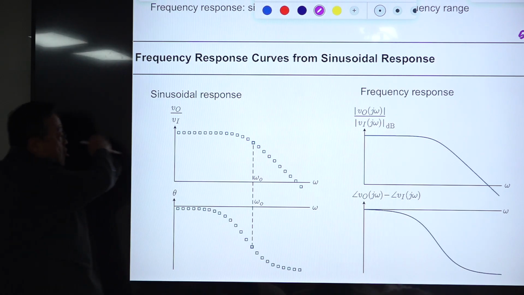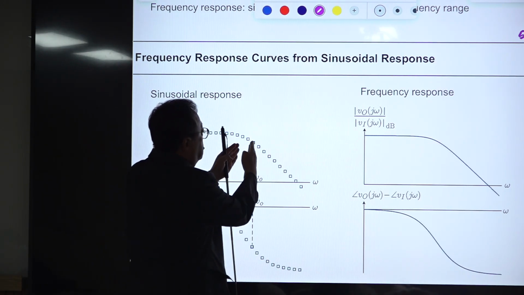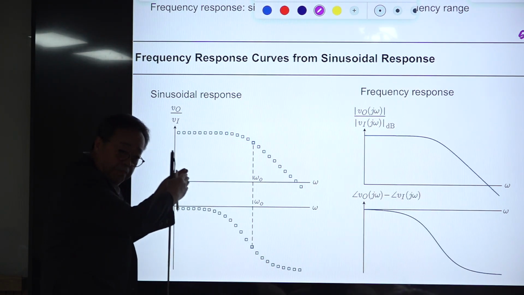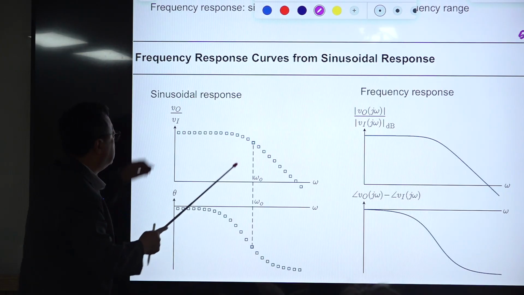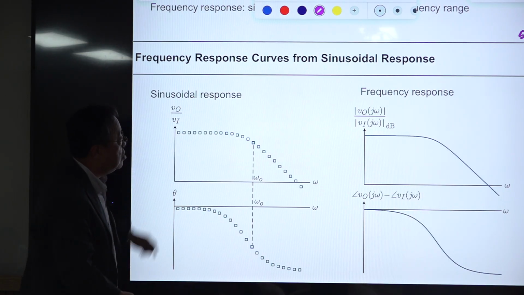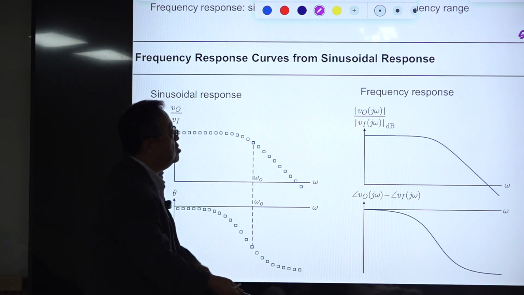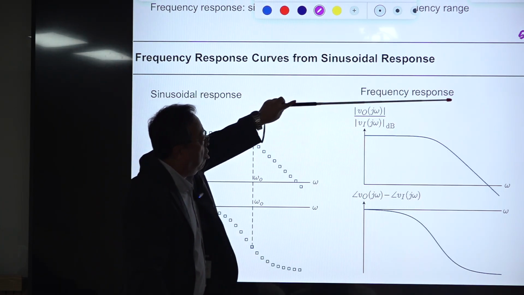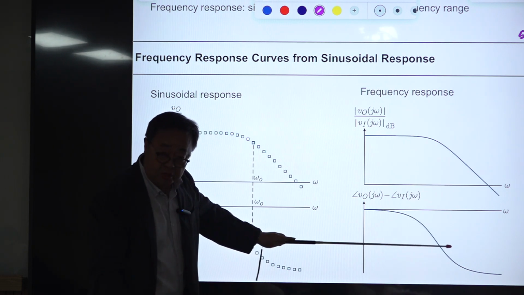And you continue doing this measurement here, and you squeeze the distance between your measurement points continually. Then this space will be reduced, and you will get this continuous curve. This continuous curve is called the frequency response curves. This is the magnitude response curve, and this is the phase response curve.